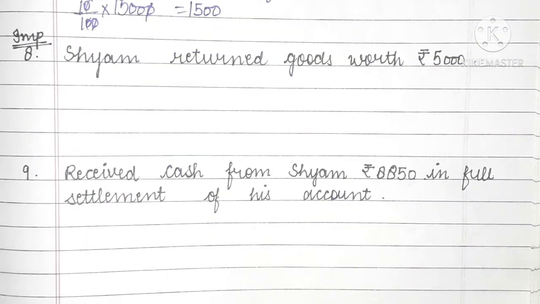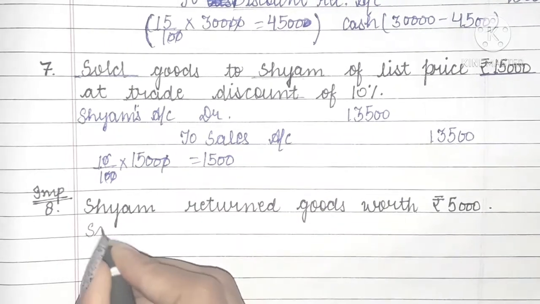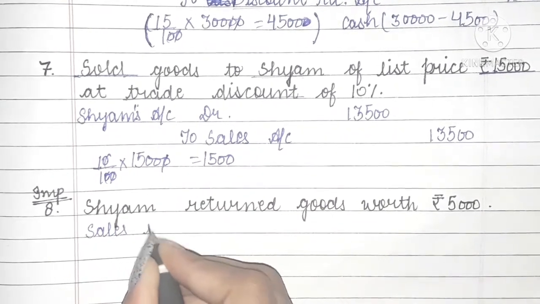Next one we have is Shyam returned goods worth rupees 5,000. So it is a very important transaction. The entry will be the usual entry for the sales return entry. So in case of sale, we credit it. Hence, in the case of sales return, we debit the sales return account.